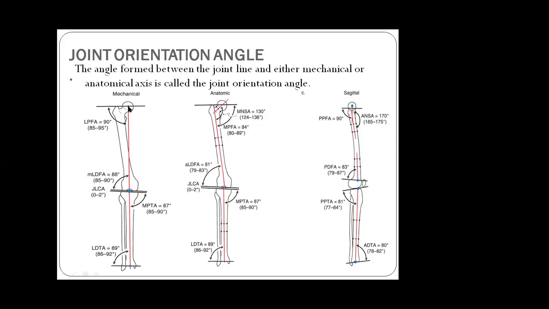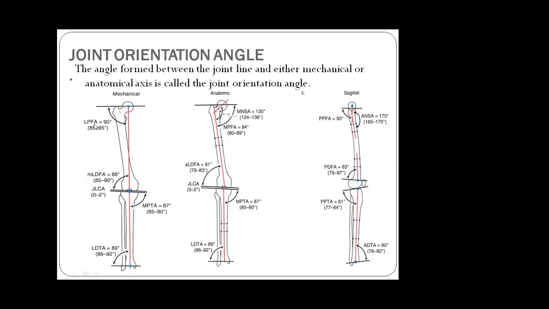That gives us the mechanical axis of the lower limb. Then we have to draw the joint orientation lines, first at the hip joint, then the knee joint, and one at the ankle joint. Now we will get angles at all three levels, that is at the hip joint, knee joint, and ankle joint, so we'll have to determine the angles.